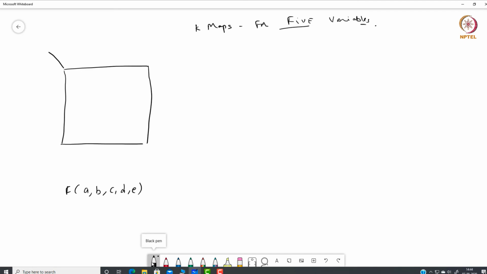One particular option could be that A is the most significant, and B, C, D are of lower significance. So we take B and C on the top and D and E on the sides, and then we draw it like a 4 variable K-map.